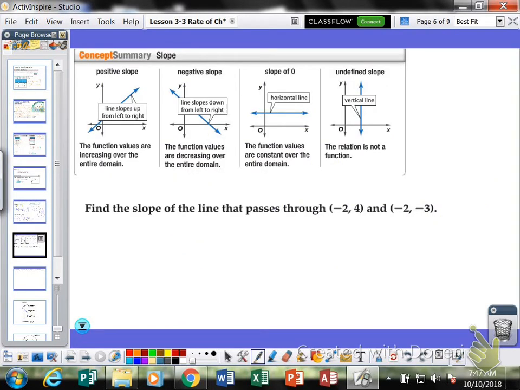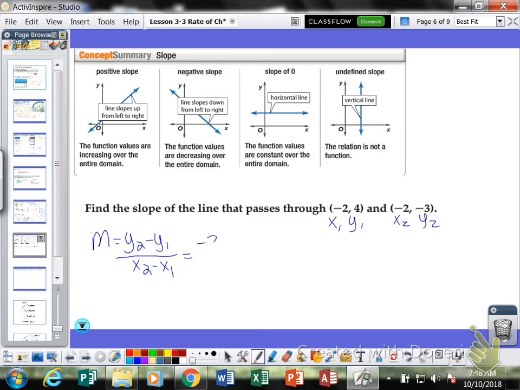All right, find the slope of a line that passes through. I'll do one more again. But again, here's just an example of your slopes, what a positive, negative, 0, and an undefined slope looks like. So these points right here will give you what I mean that you can't have in that previous one. So m equals y2 minus y1 over x2 minus x1.